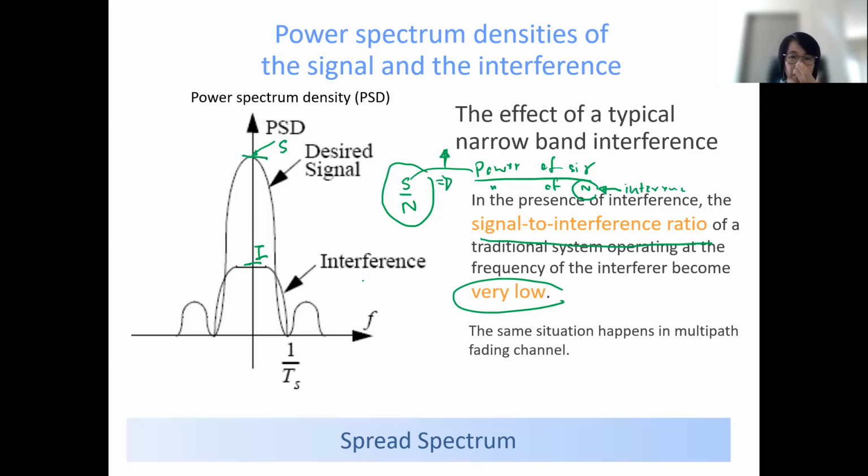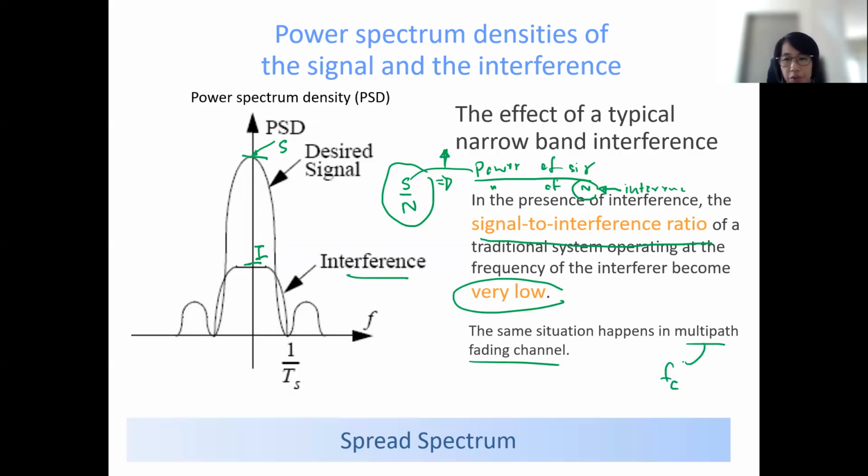because the received signal is affected by the interference, right? Not only the interference, but this happens with multipath fading also. Multipath fading is actually a copy version of your signal, right? It uses the frequency of the desired signal, because it's your signal, just a copy.